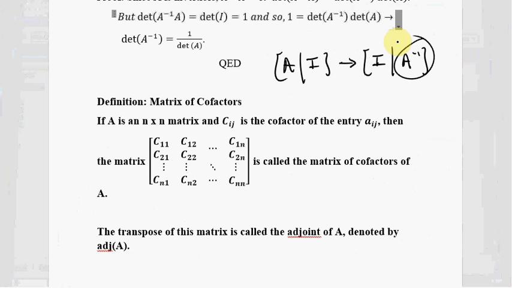This adjoint of A, which we denote by adj(A), is useful for finding the inverse of a matrix A.